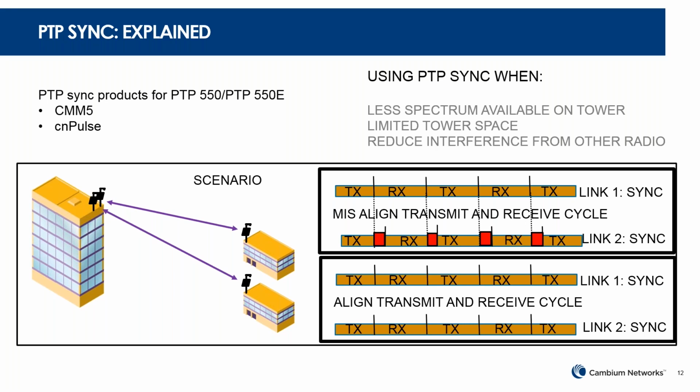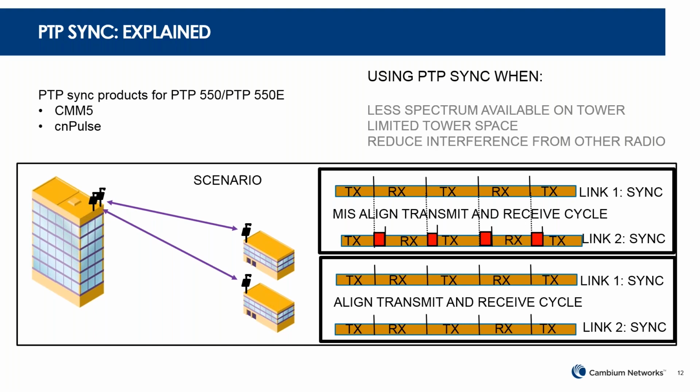On top of a building, you have two radios next to each other transmitting to two other radios which are fairly far apart. If the TX and RX cycles on the two radios on the main tower are misaligned, they will interfere with each other, because when the first radio is transmitting, the other radio is receiving, and because the transmitter is so close to the receiver, all the noise will be heard.